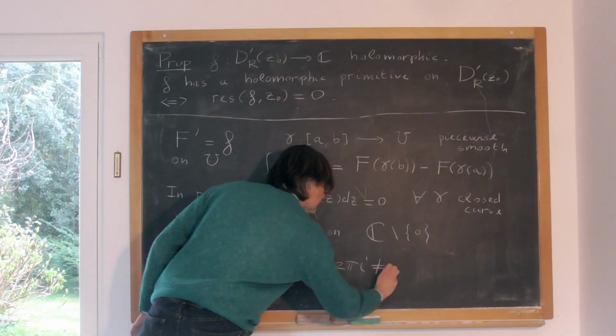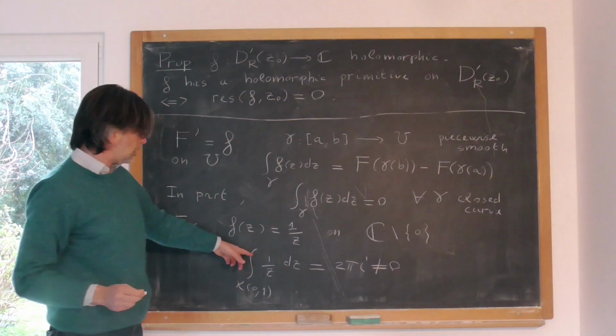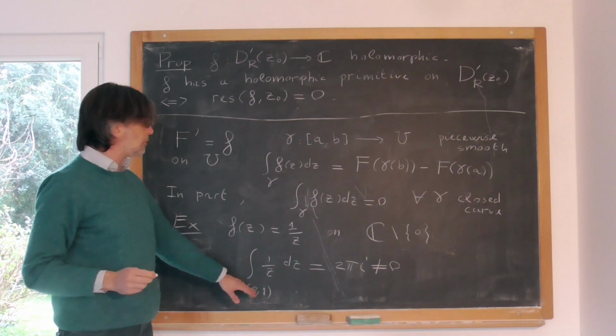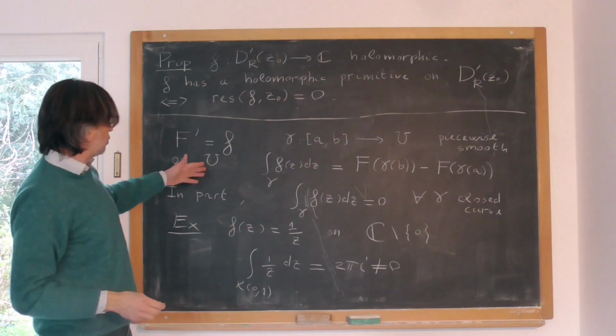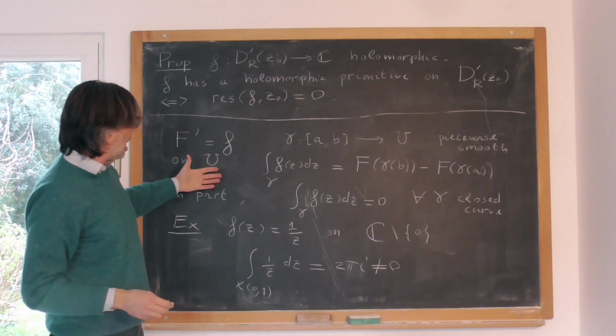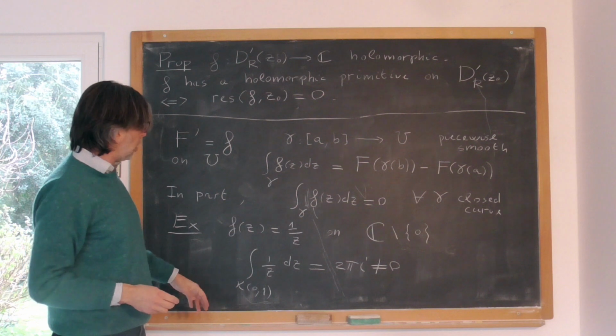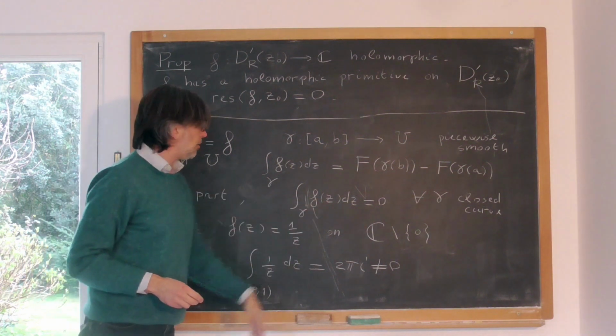This is different from 0. We are integrating 1 over z over a closed curve, and we are obtaining something non-zero. So the function small f cannot have a primitive on C minus the origin.